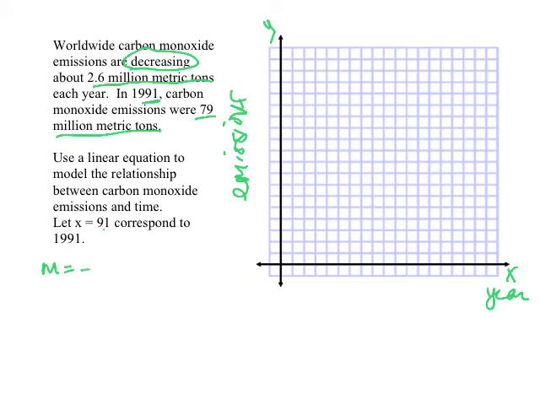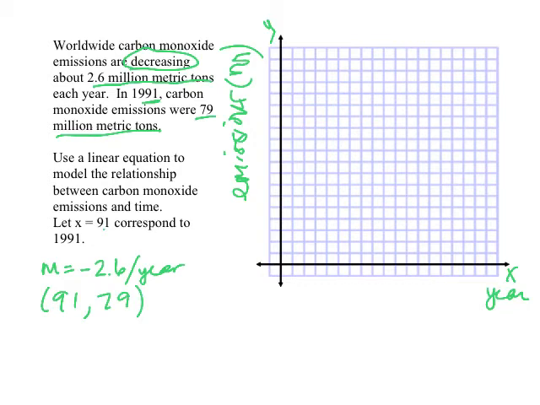It's coming down, so it's negative 2.6, in millions. It's coming down 2.6 million metric tons per year. We're also given the point 91 is 79. So it's not our y-intercept, but it is a starting point, if you will.